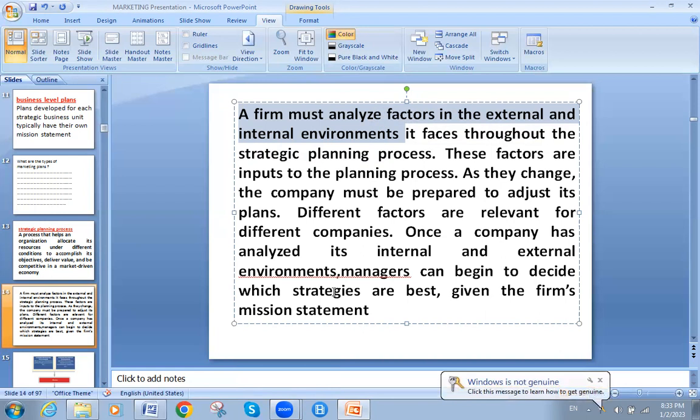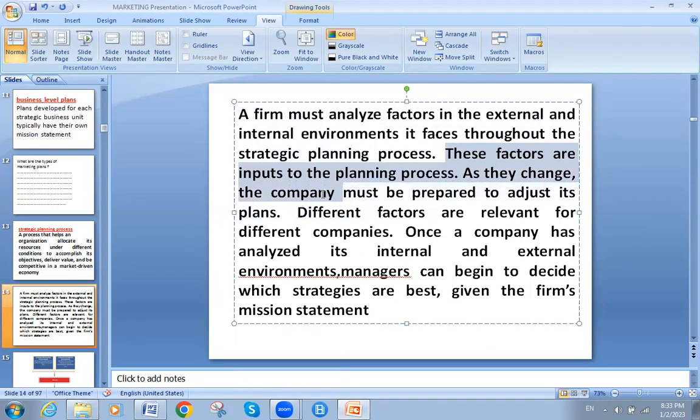It passes through the strategic planning process. These factors are inputs to the planning process. As they change, the company must be prepared to adjust its plan. Different factors are relevant for different companies.